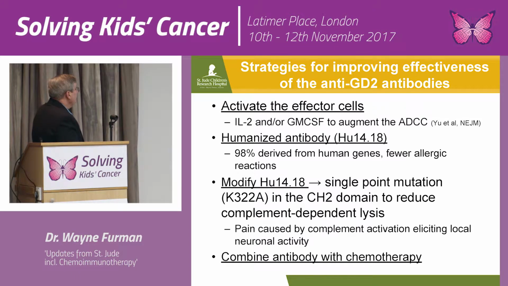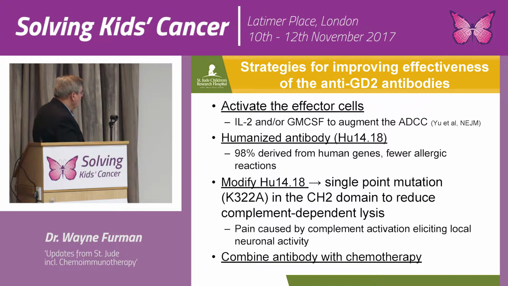And then, again, this was a chimeric antibody, so humanized, whether it's humanized 3F8 or HU14.18, in theory, should result in less allergic reactions. And then again, the K322A had a single point mutation, and that's what the K to the A means, to reduce the complement-dependent lysis, and in theory, should cause less pain.